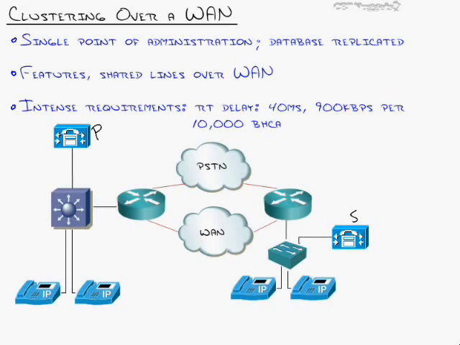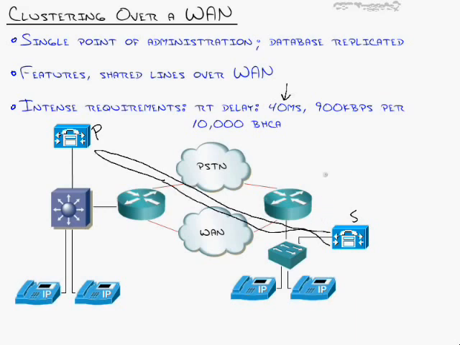The problem of clustering over the WAN is it has some intense requirements. And the biggest, most intense requirement of all is the round-trip delay between these sites has to be 40 milliseconds or less. Meaning, I have to be able to get from this server to this server over here, and back in 40 milliseconds or less.